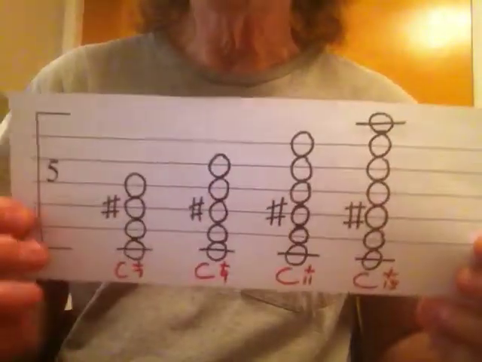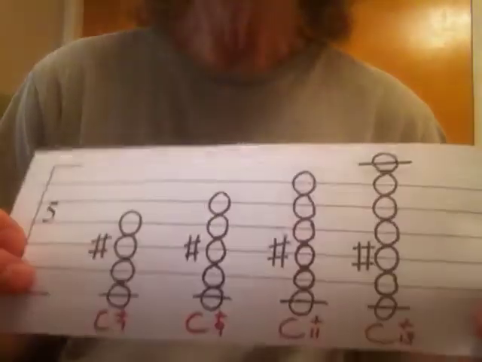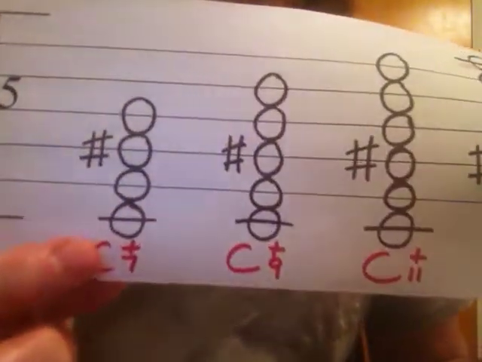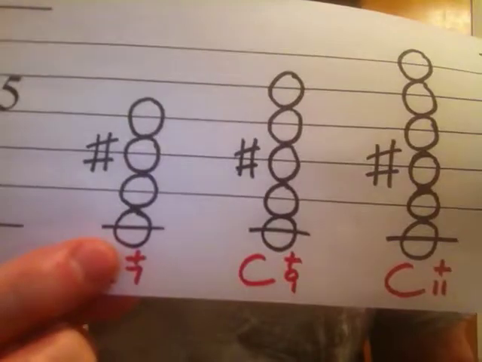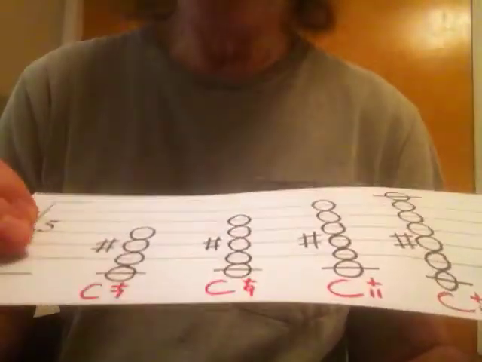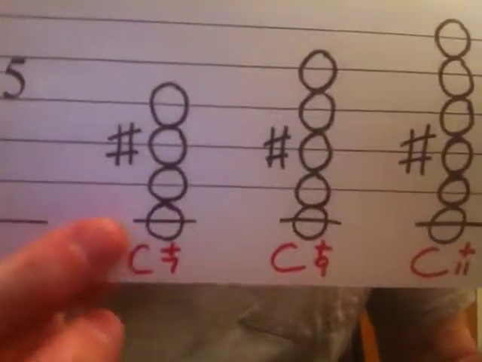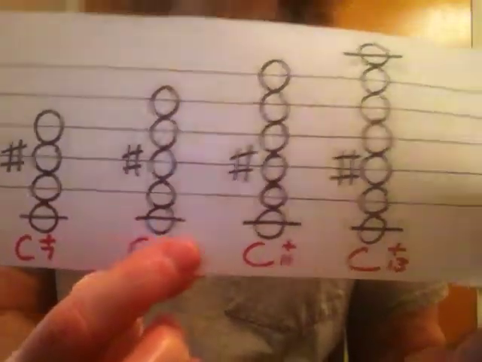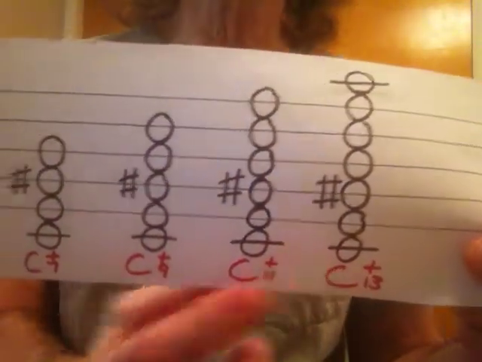Very plain and simple. Now getting back to a little reminder, I talked about how I included the augmented type of chord in my system. This is an augmented type, and I showed you the C augmented 7, C augmented 9, C augmented 11, and C augmented 13.